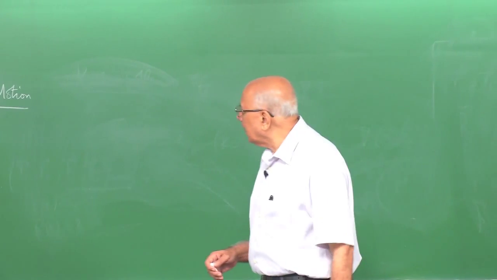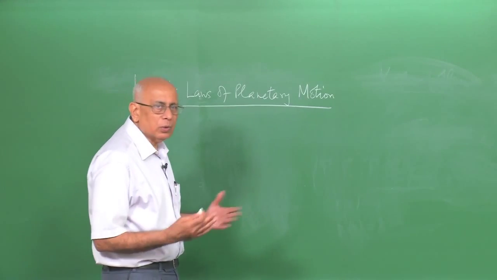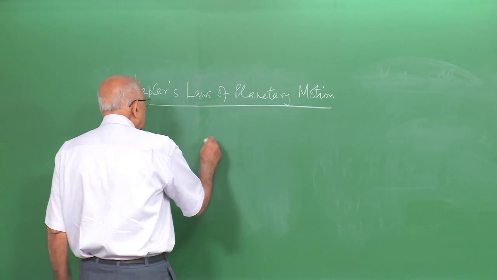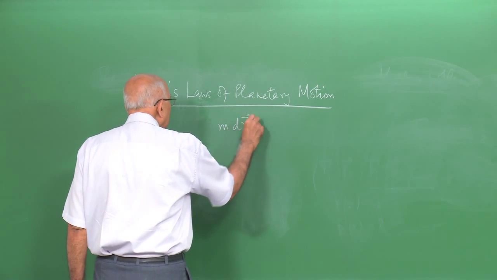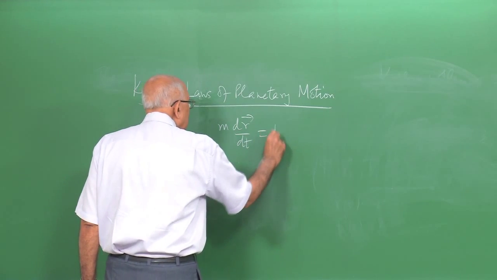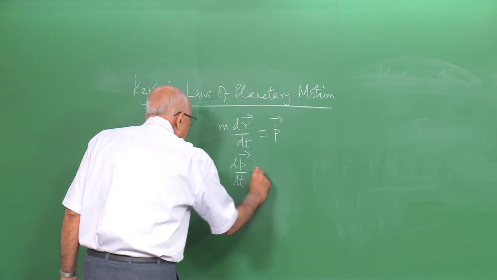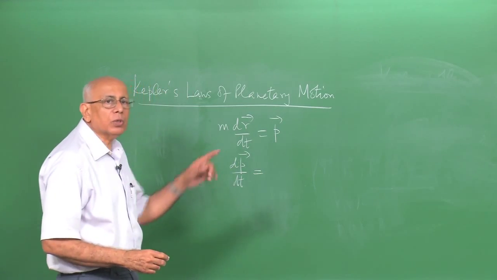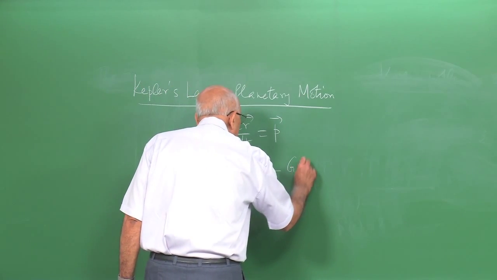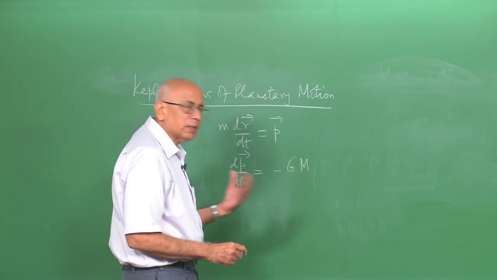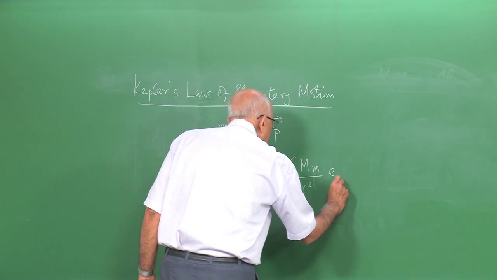So, let us start by saying that we have a particle of mass little m. Instead of mu, I might as well use little m, and we write down its equation of motion, which is m times dr over dt equal to its momentum p, and the rate of change of momentum is given by the force on the particle by Newton's second law of motion, which in this case is capital G, the mass of the sun, the center, whatever is attracting it, times the mass of the planet, divided by r squared times E sub r.